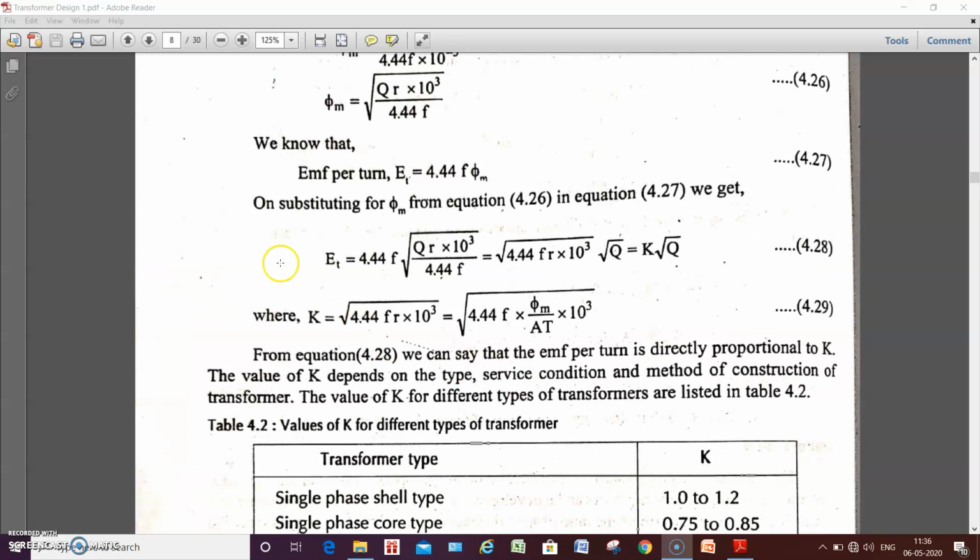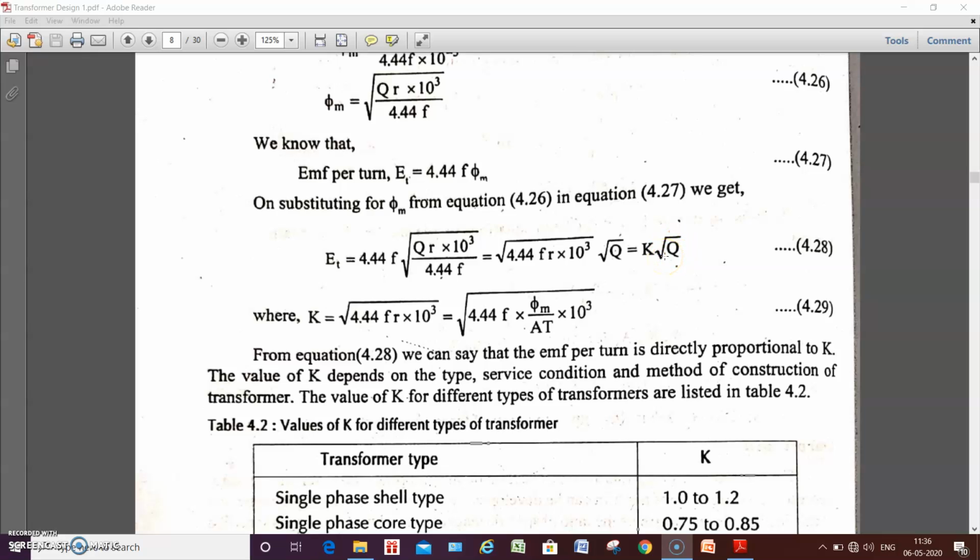So in this EMF per turn equation, one thing you have to note down, this K is going to be same for both single phase and three phase transformer. Only this Q is different. In case of single phase transformer, you have to substitute the output equation of single phase transformer here. For a three phase transformer, to calculate this EMF per turn, you have to substitute the output equation of three phase transformer over here.